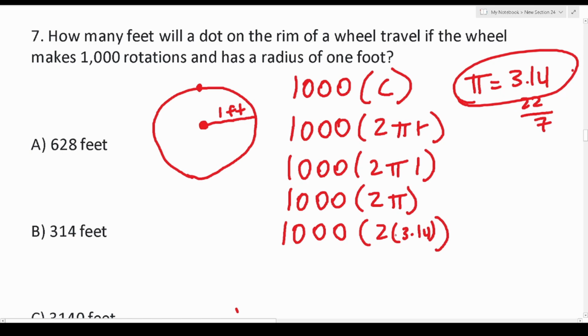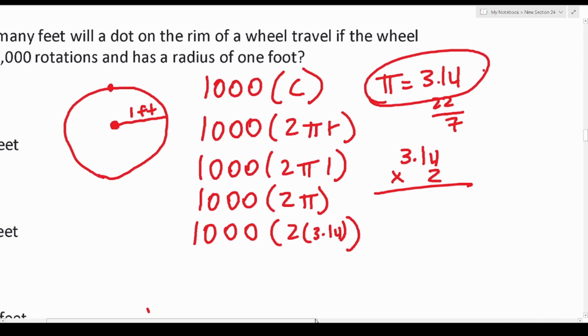Let's go ahead and work out this 3.14 times 2. I already know what the answer is because I do a lot of math involving pi. So this is 3.14 times 2. For the ASVAB, it's going to be helpful to know that 2 times pi is 6.28, but let's go ahead and work that out. Again, we're multiplying a decimal by a whole number.